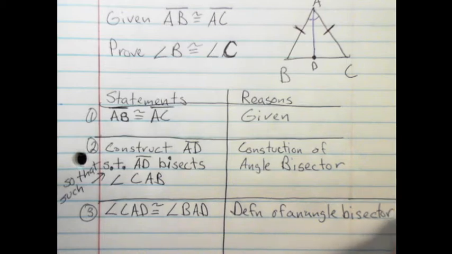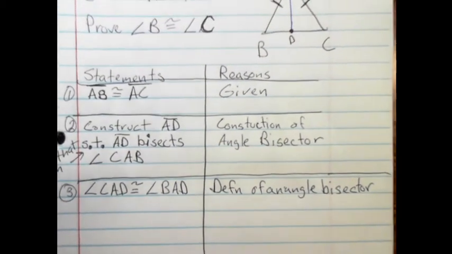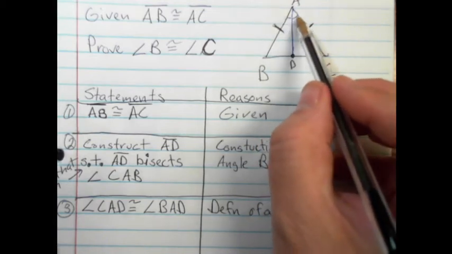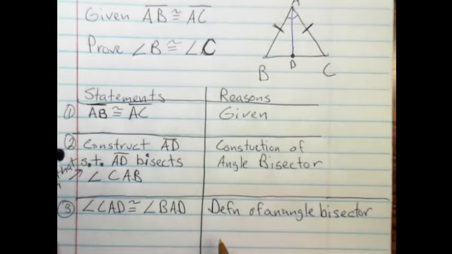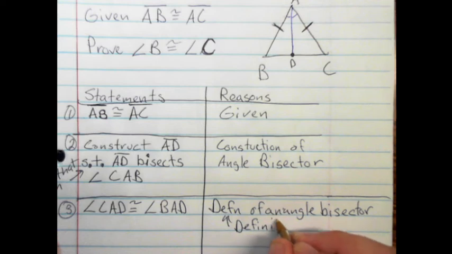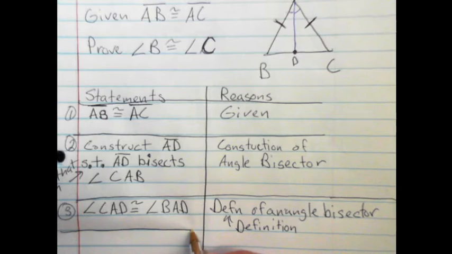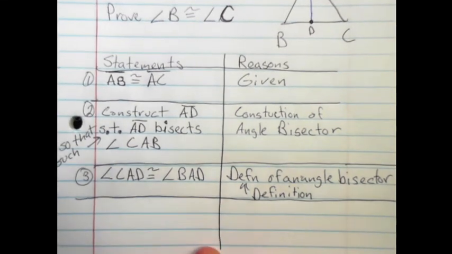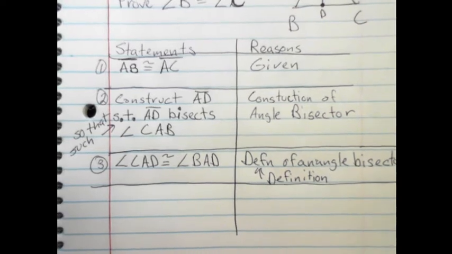When we constructed it, it divided this big angle A into two separate little angles. And by the way, when Mr. Adams writes out DEFN, that means definition. Mathematicians are kind of lazy in some sense. They don't like to write out certain words, but they have abbreviations for a lot of things, and Mr. Adams is going to start teaching those to you. You have a lot of abbreviations. Yeah, well, I was properly trained.